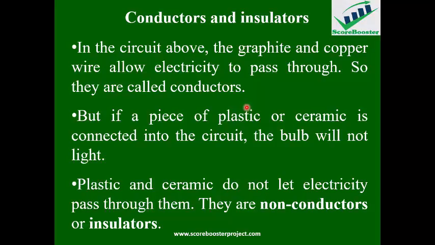But if a piece of plastic or ceramic is connected to the circuit, the bulb will not light. Why? Because plastic or ceramic do not contain the free electrons that constitute what is called electricity flow.